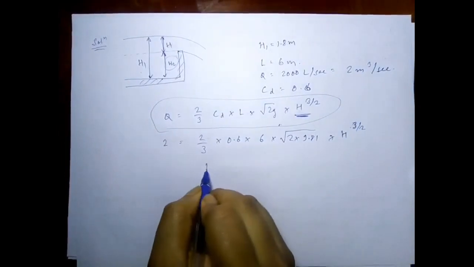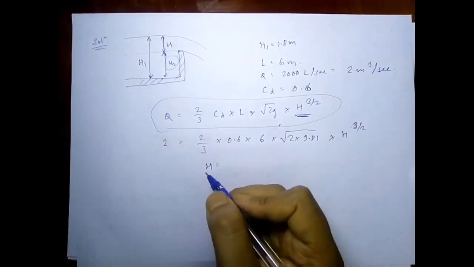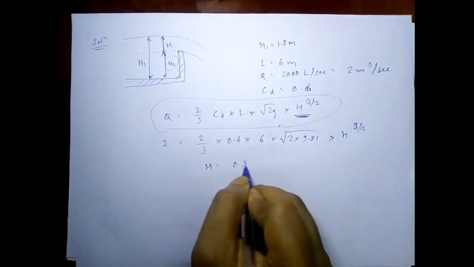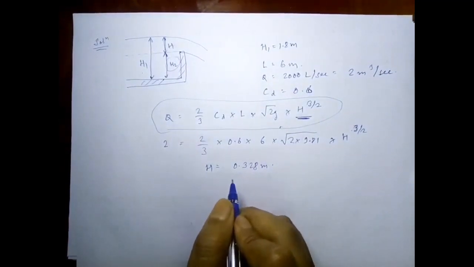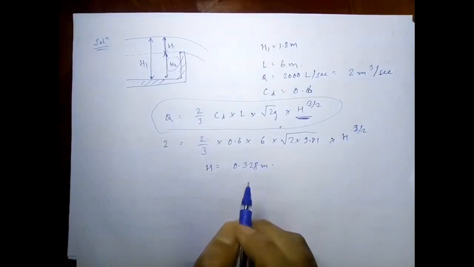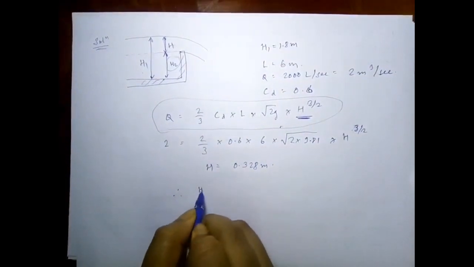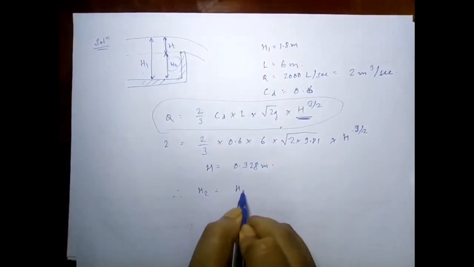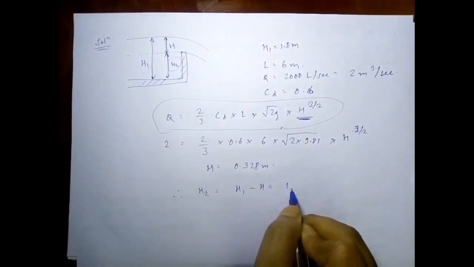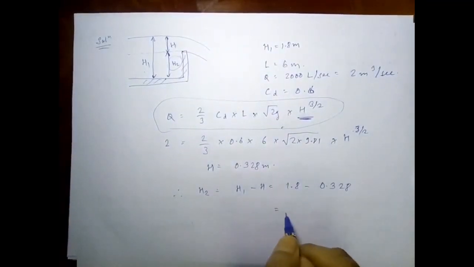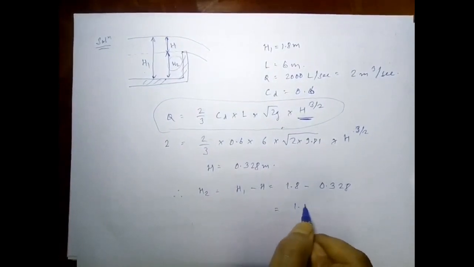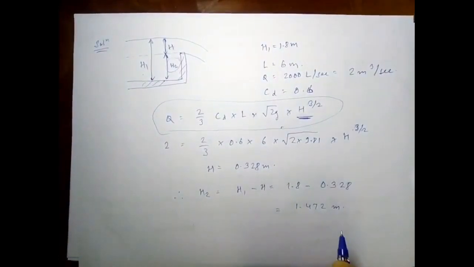On solving this, you will get h as equal to 0.328 meter. Therefore h2 is equal to h1 minus h, which is 1.8 minus 0.328. Therefore h2 is equal to 1.472 meters.